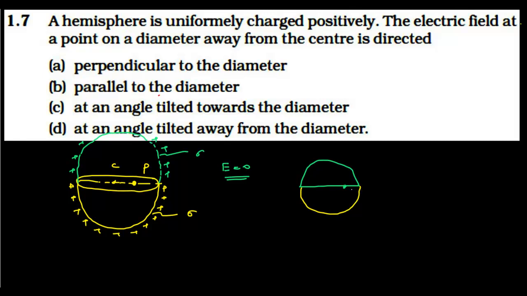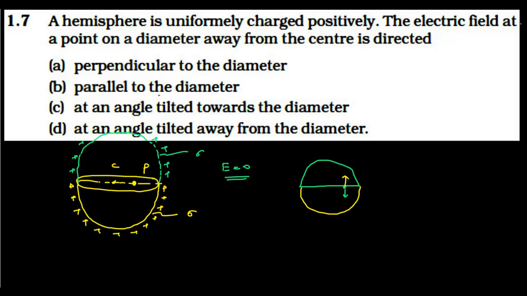So the field is 0 here only when the field is in this direction due to the upper hemisphere, and due to the lower hemisphere the field is in this direction. Only then the fields will cancel out. Clear?